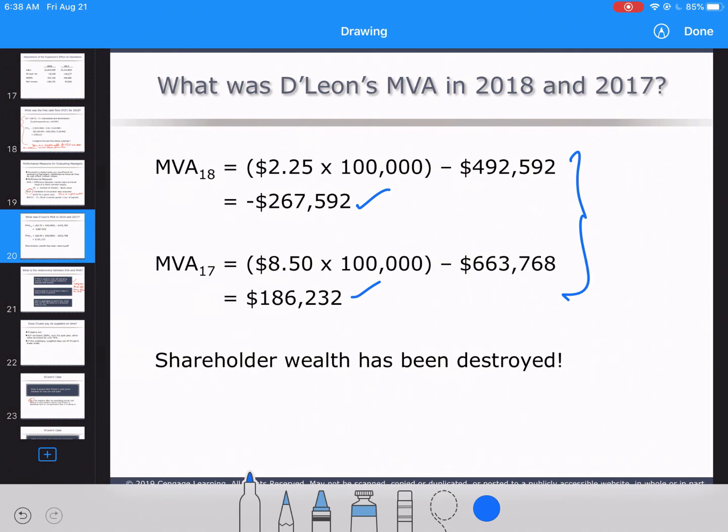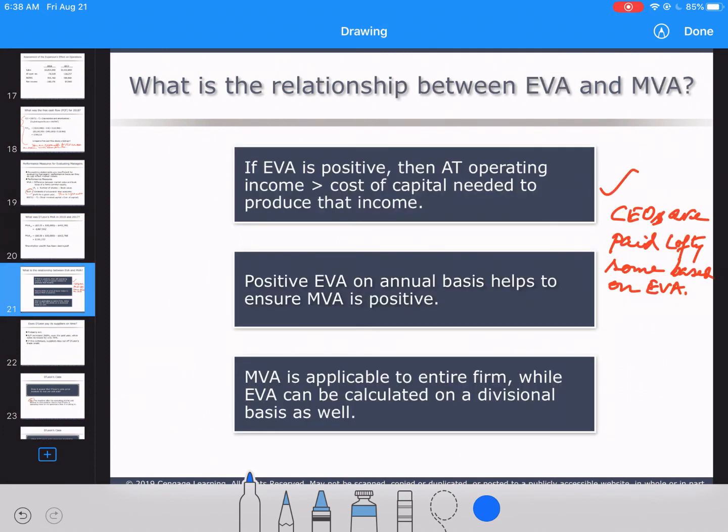It is by the market. As the market goes up, your own stock price can go up too. That is why we said this is not necessarily a great metric. So we look at EVA, and if EVA is positive, that means it is greater than the cost of capital. Therefore, the company is doing well, and CEOs are paid a hefty amount.